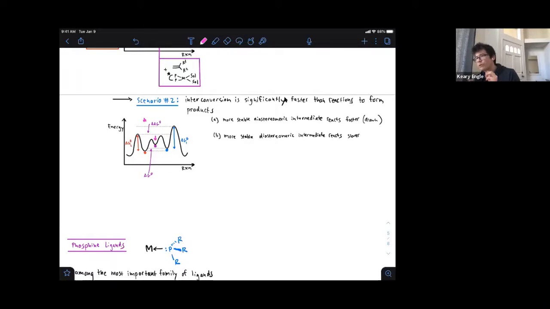But when people are writing papers, people most commonly use it to refer to a situation like B, where the more stable intermediate is the slower reacting intermediate, because I think that's the most clear-cut demonstration of the principle, if that makes sense, Camille.